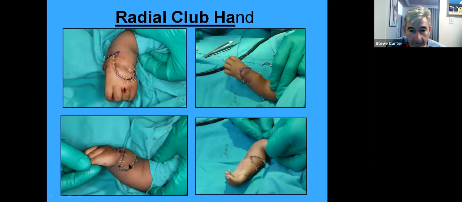So if you look at it, how can I explain this? Bottom left side, that flap you're seeing on the radial side now came from the dorsum, and the flap from the dorsum came from the ulnar side. And you close the ulnar side up primarily because there's always redundant skin. So you're just hopping each flap along until it closes. That gives you a nice straight hand.